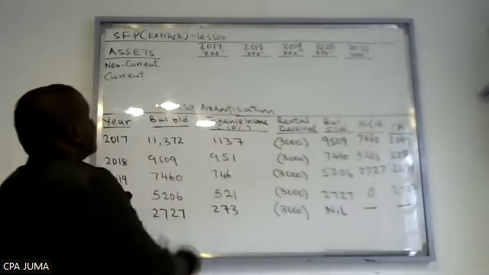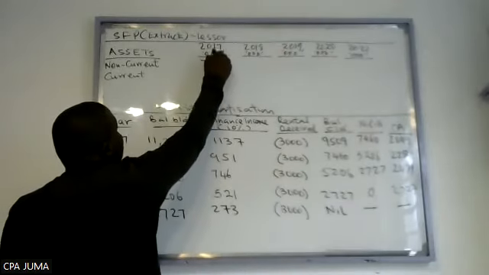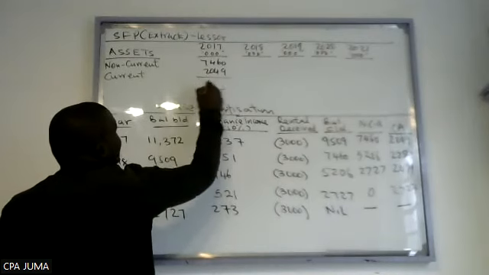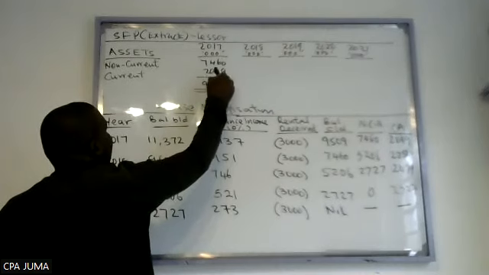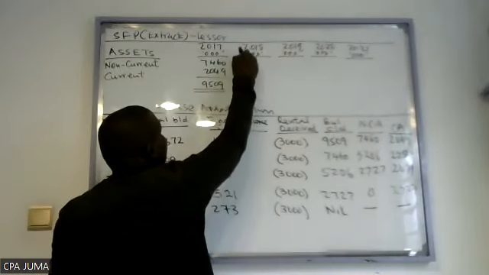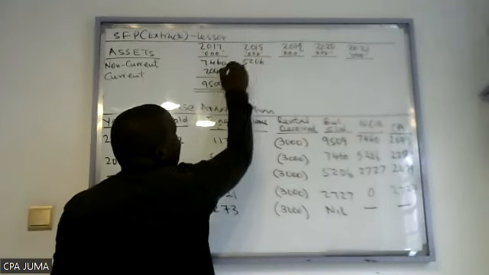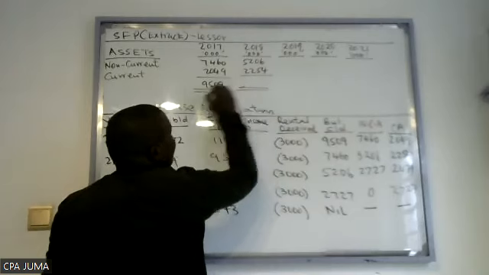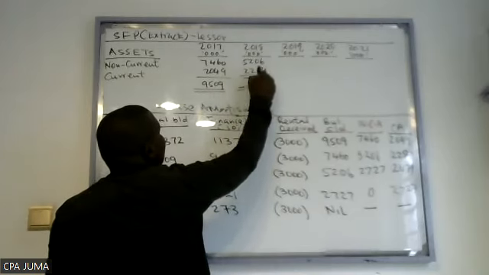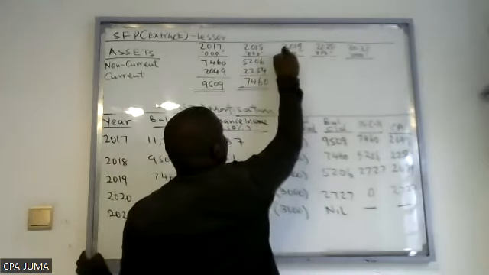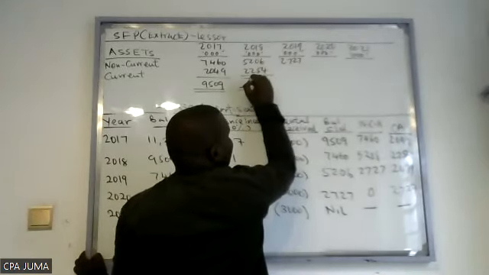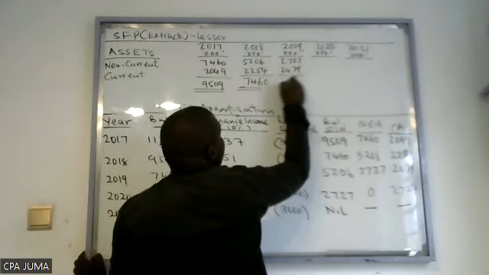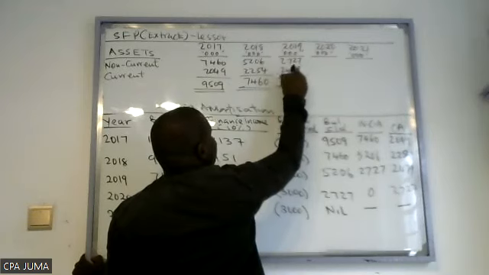We have everything. So this is 74, 60, 20, 49. That gave us a total of 9509. Here we had 52, 06, 22, 54, 74, 60, 27, 27, 24, 79, giving us 52, 06.